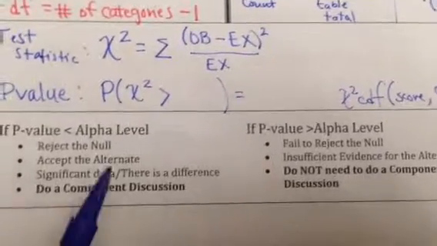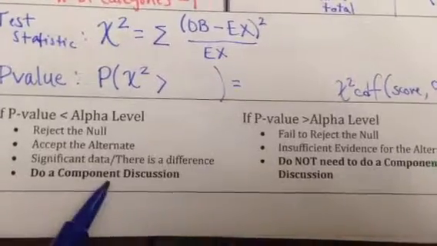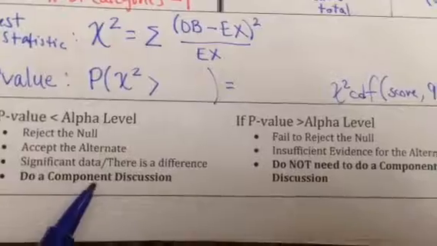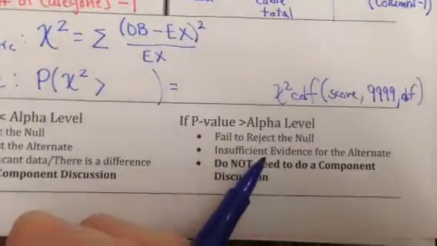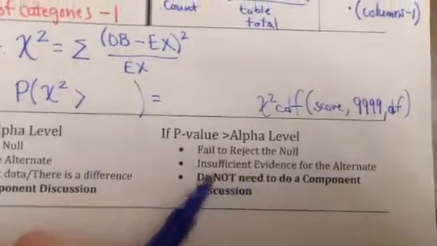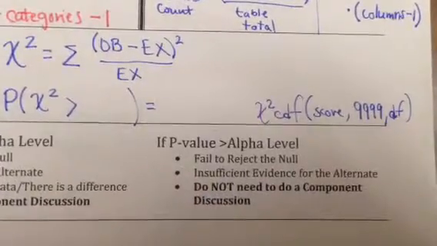So you want to just take a moment and look at what are the big differences. Only talk about the ones that are unusual. Don't talk about the ones that are close together. If you fail to reject, though, we don't have sufficient evidence that there's a difference or that they're associated, whatever the null is, so there's no need to do the component discussion.